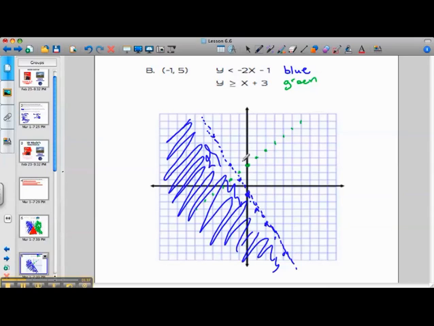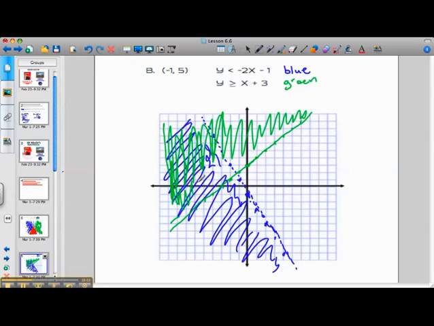Go on the diagonals, gives me my boundary line guide, and it's greater than or equal to, so it's a solid line, so I'm going to connect these dots as best as I can here. And it's going to be shaded above it, so we can see that we have those shaded.